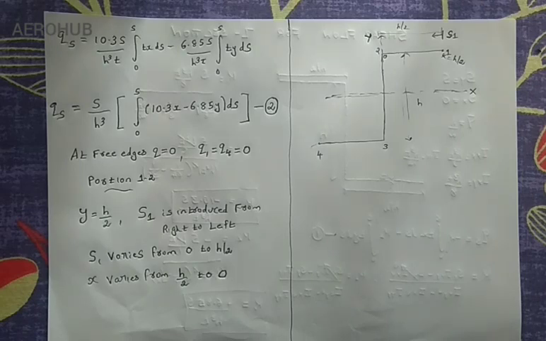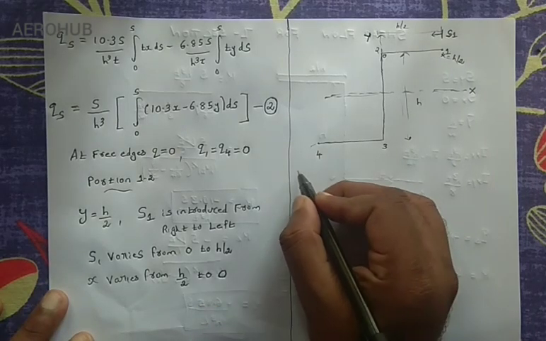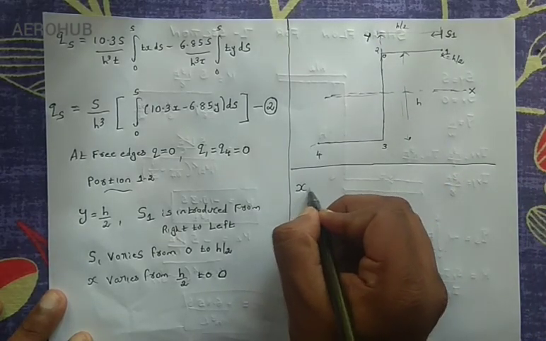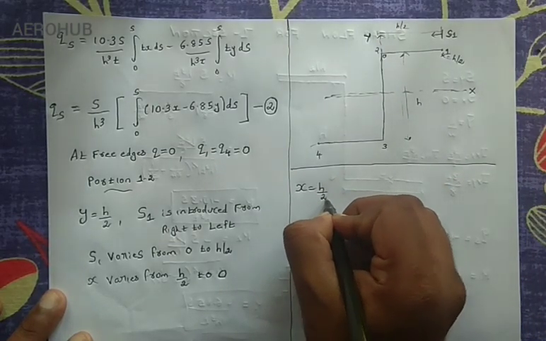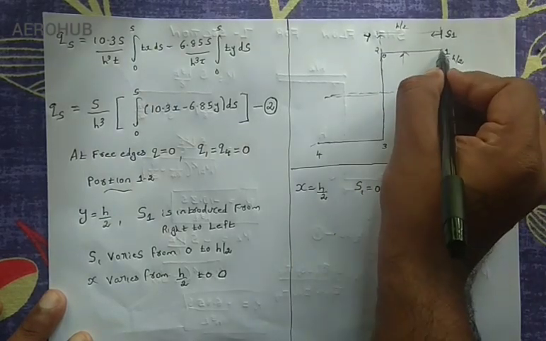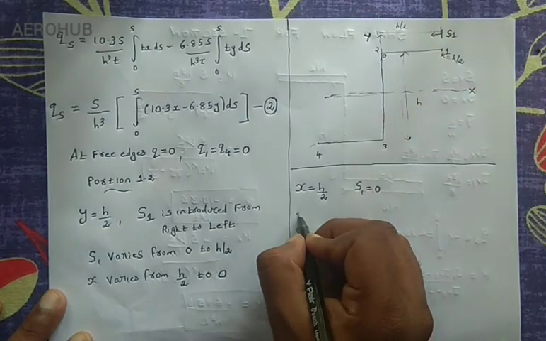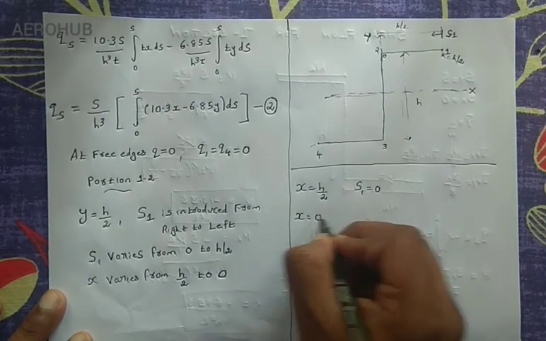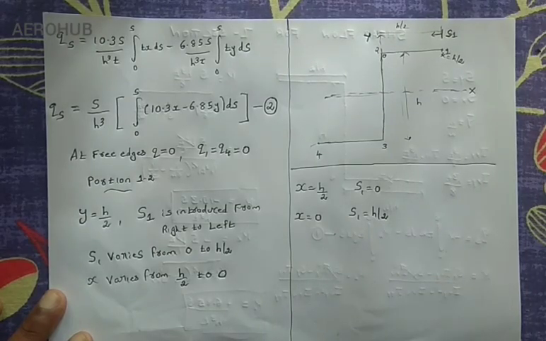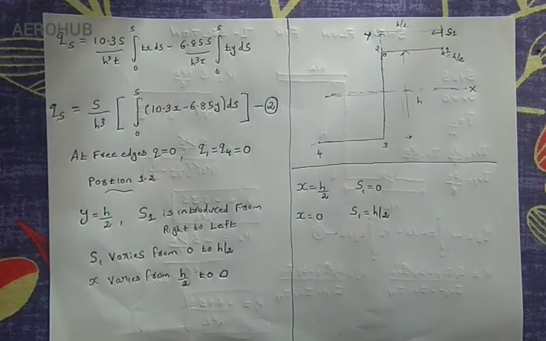And you have to understand shear flow is proportional to distance. Now we have to find out the value of x. For that you have to understand that at x equal to h by 2, S1 is equal to 0, and at x equal to 0, S1 is equal to h by 2. I think you got the idea.